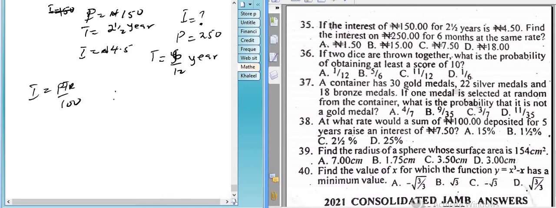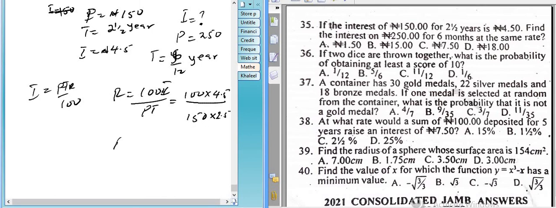For the first case we want to find the rate, so the rate is equal to 100 times I over PT. We have 100 times 4.5 all over the principal 150 times the time 2.5 years.